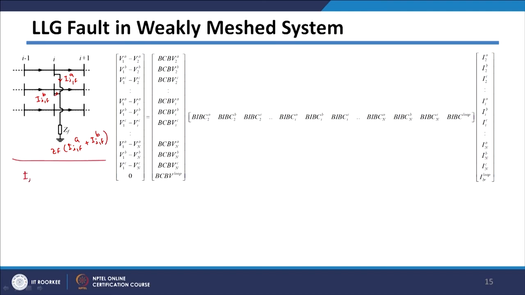So first boundary condition will be corresponding to A phase current, will be basically post fault current in A phase, and then corresponding to B phase, which is basically post fault current in B phase, and current in C phase will be equal to 0 because it is not faulted, and then voltages of A phase as well as voltage of B phase will be equal to post fault voltages of A phase and then post fault voltages of B phase.